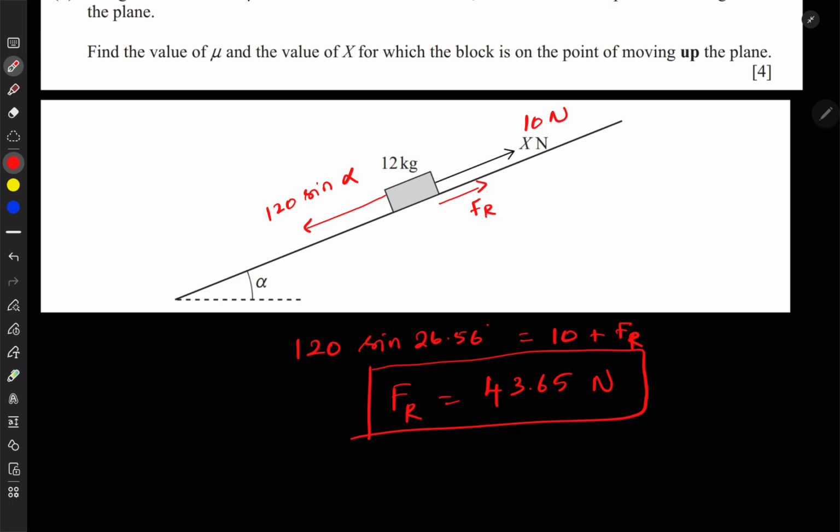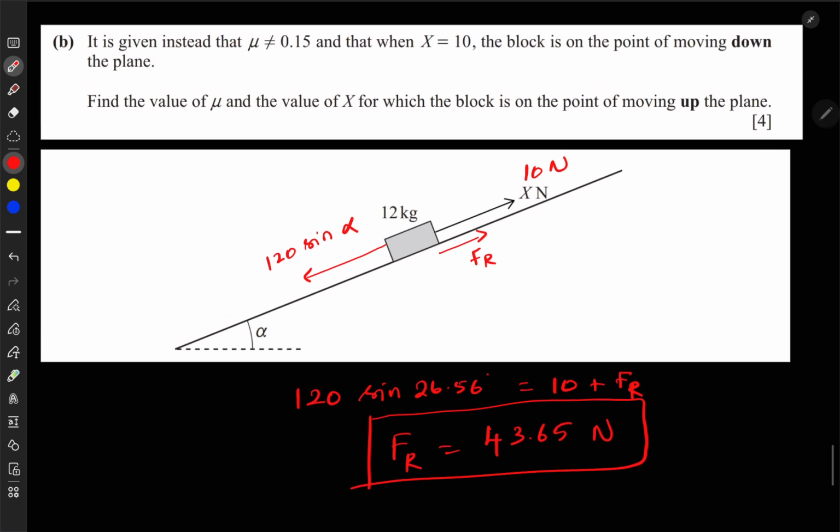Now they're asking to find the value of mu and X for which the block is on the point of moving up the plane. Just it wants to go up the plane. In that case, Fr will be acting in the opposite direction.